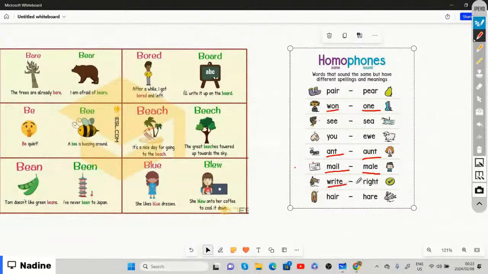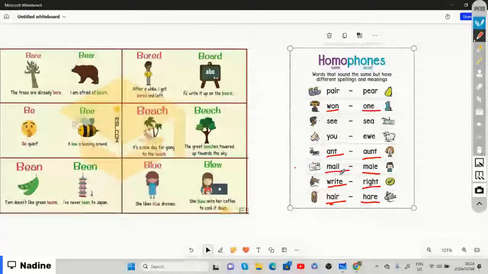Then we have write and right. W-R-I-T-E is when you're writing with your pencil or pen, either writing a letter, writing notes, writing on the board. And then right, it's either something is right or something is wrong. Or you can even say direction, it's either right or left. And then we have hare and hair. Hare is like a rabbit, H-A-R-E. And then hair, H-A-I-R, is what we have on our heads.